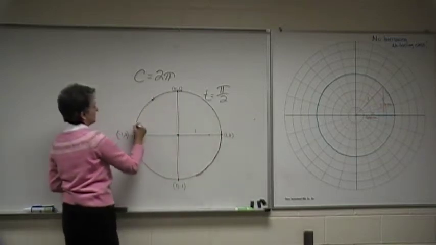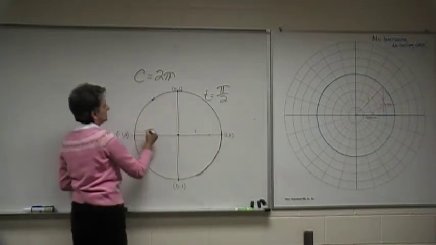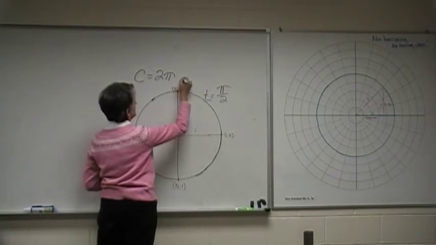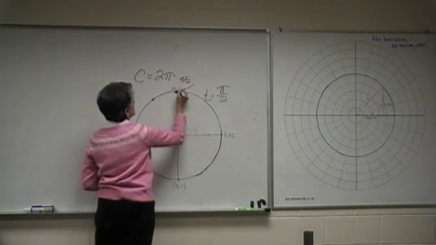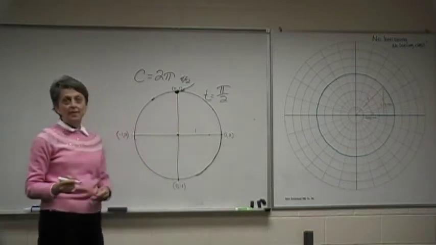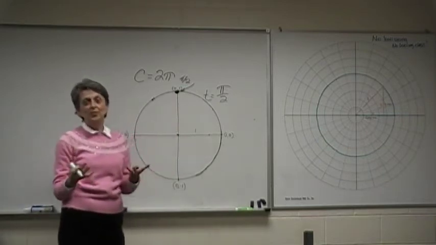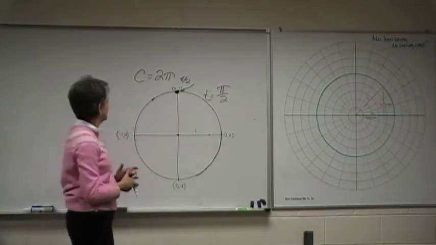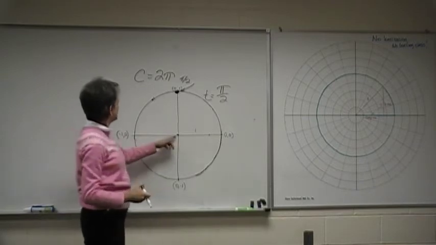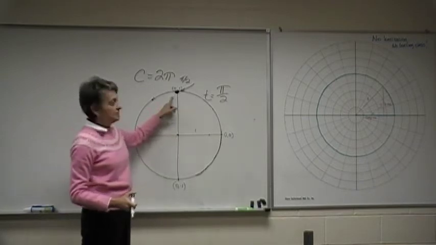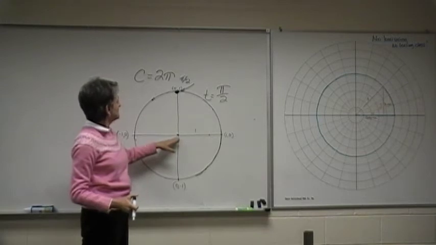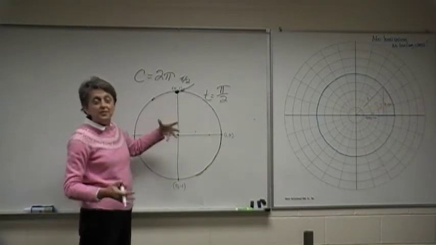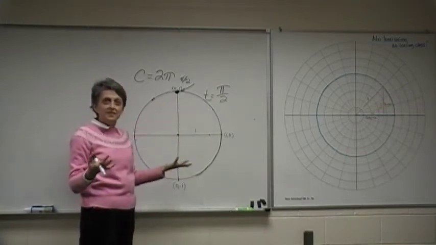Half my circle is pi. So half of that would be to here. Pi over 2 goes to this location. Now, think about the normal coordinate axis. Since this is a radius of 1, we're at 0 for x and a height of 1, so our terminal point is 0, 1.